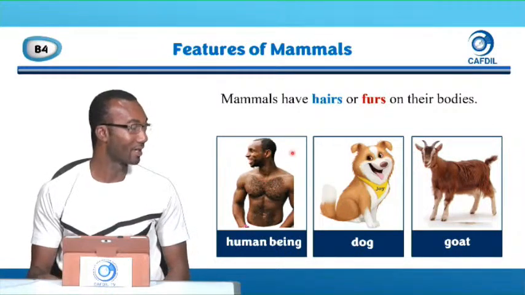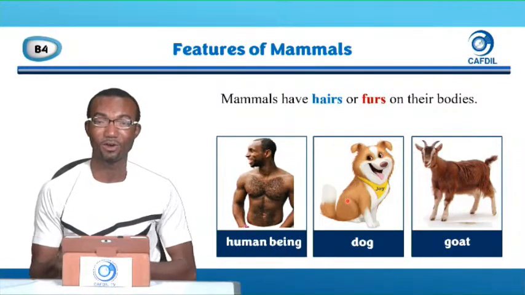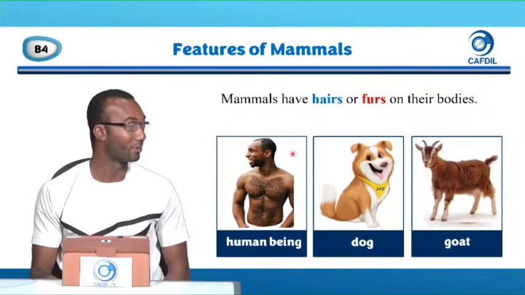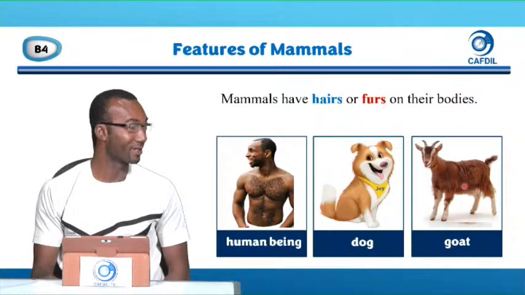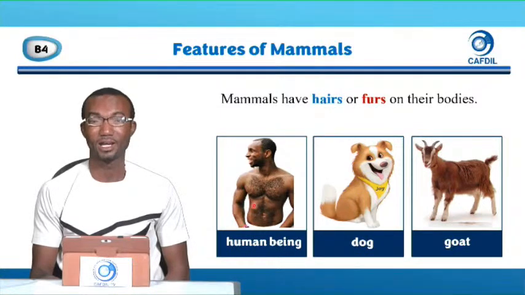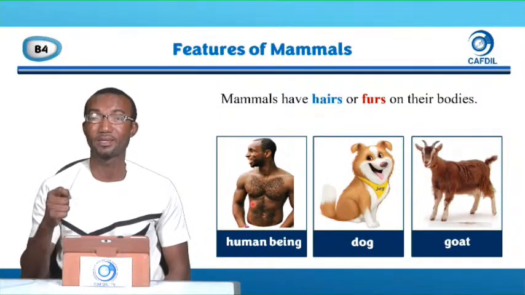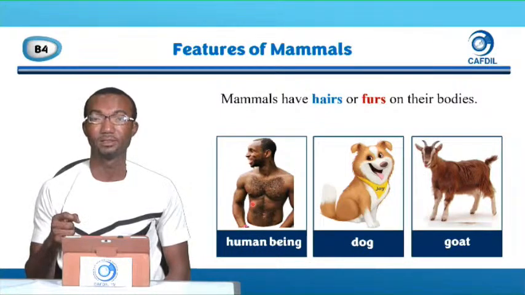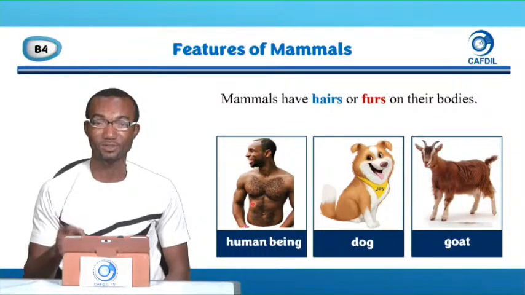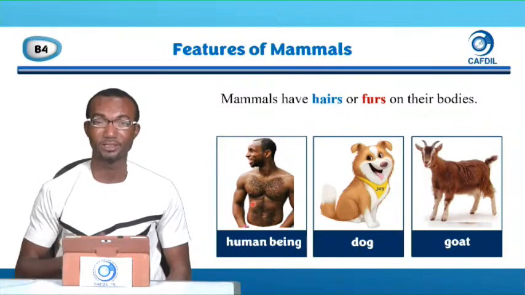And I cannot say a dog has hair on the body. Dogs or animals have fur. So animals have fur on their bodies, and humans have hair on our bodies. So mammals have hair on their bodies, and animals also have fur on their bodies. So that is one feature. Mammals have hairs or furs on their body.